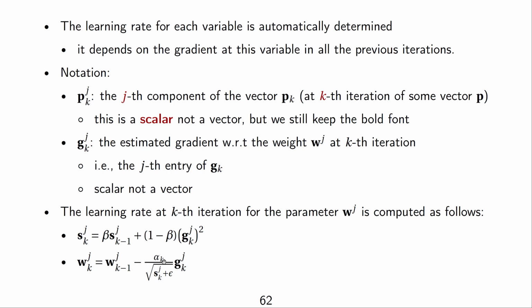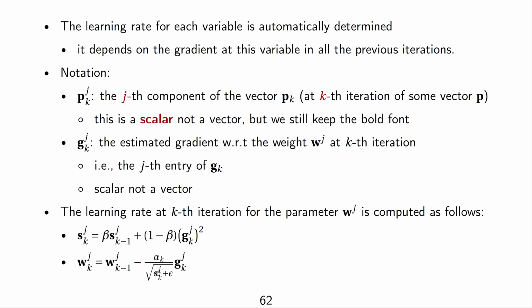Now, the division here has the following effect. If a particular component of the gradient has large absolute values, then we will divide by a larger number here. That means that this has some sort of a dampening effect.